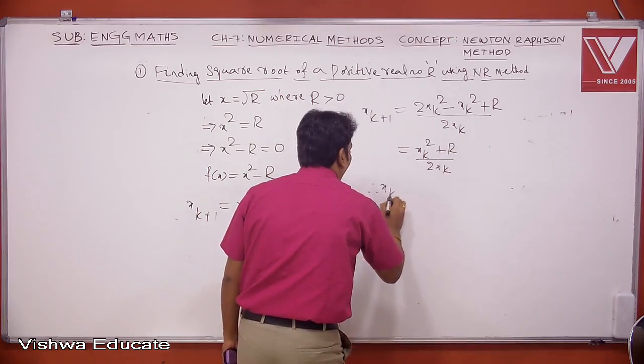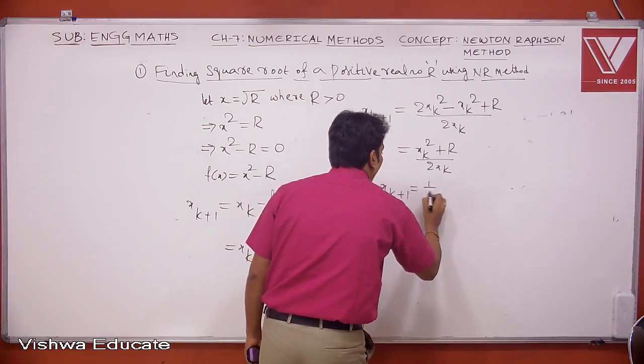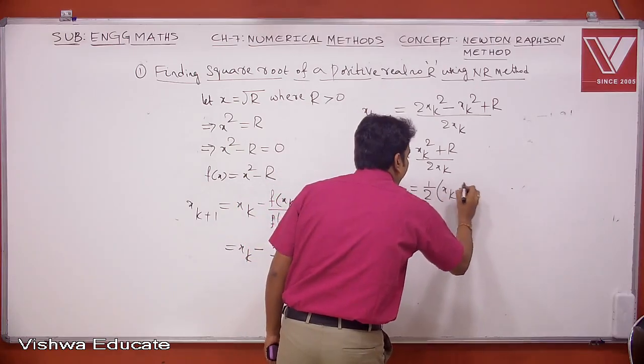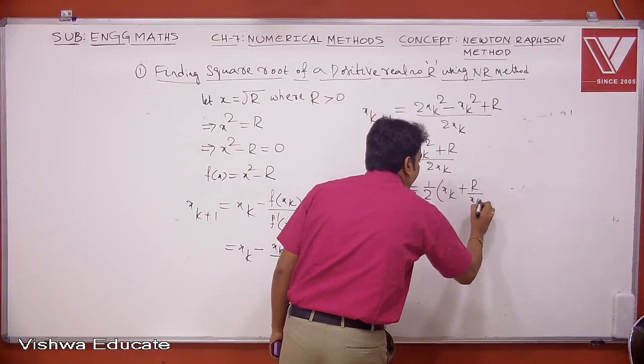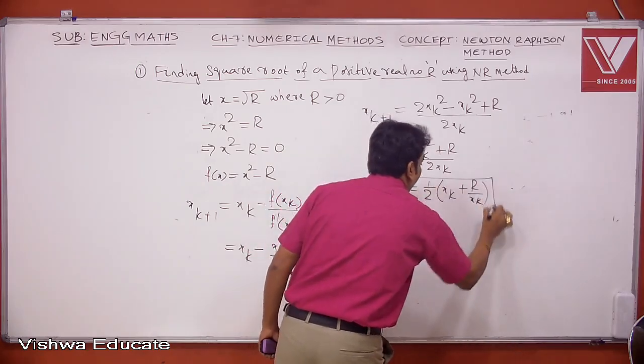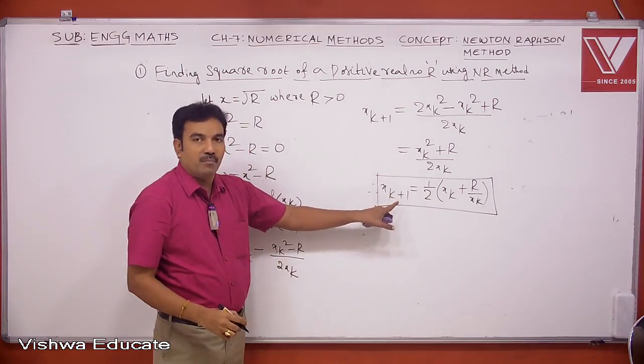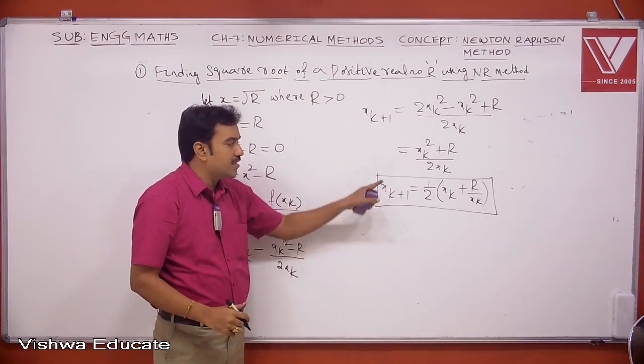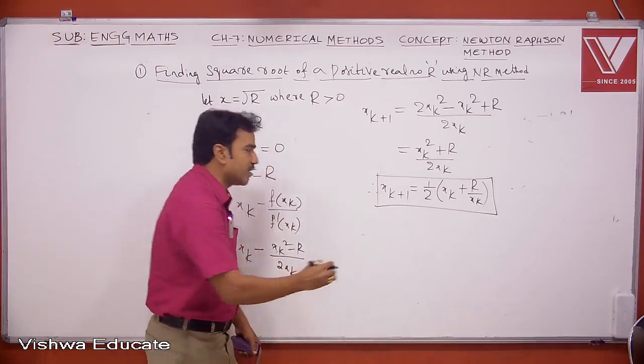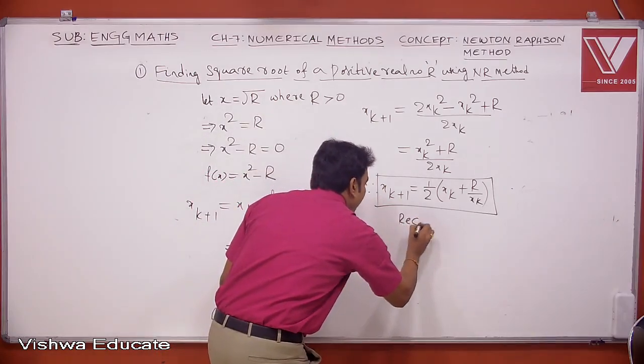Therefore xk plus 1 equals 1 by 2 into xk plus R divided by xk. This is the recurrence relation to get the square root of a positive real number R, that is, xk plus 1 in terms of xk.